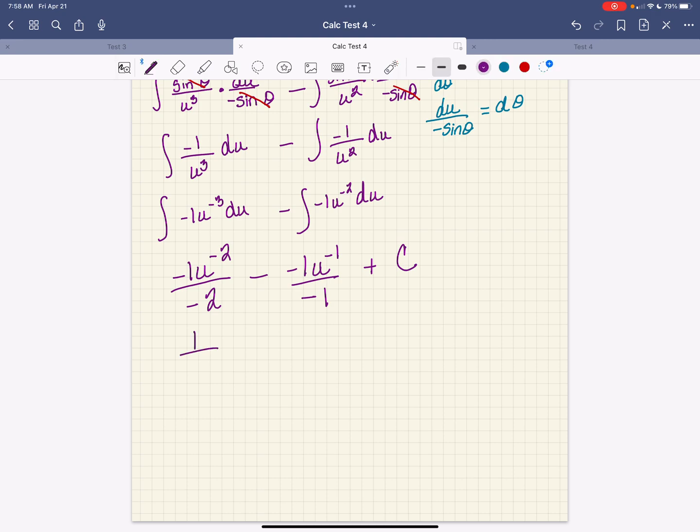So I'm going to have 1 over 2 u squared. Okay, and then I've got a negative here and a negative here, so that's going to make that positive. We're going to keep that negative sign, and then I'm going to rewrite that u to the negative 1 in the denominator. So then I have minus 1 over u. Okay, and then of course we have our plus c. And then we know that u is the cosine of theta. So I have 1 over 2 cosine squared of theta minus 1 over cosine of theta plus c.